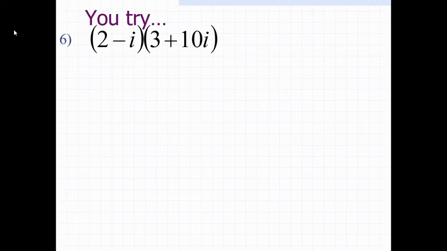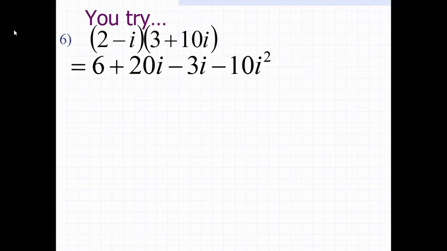Alrighty, let's walk through it. So we'll get 2 times 3 for 6. We get 2 times 10i for 20i, negative i times 3 for negative 3i, and then negative i times 10i for negative 10i squared. Combine the 20i minus 3i, we get 17i.